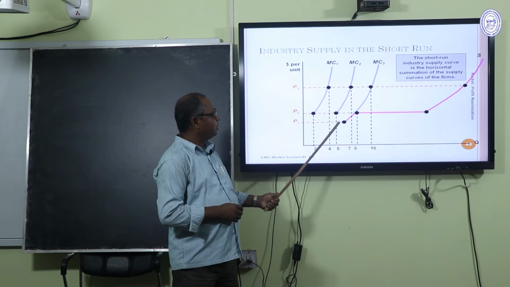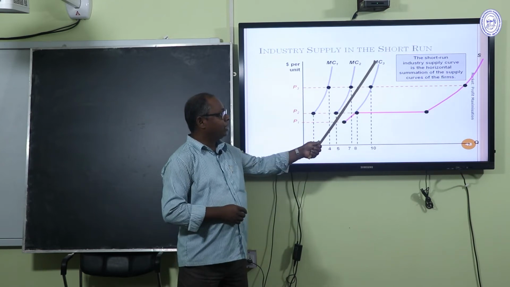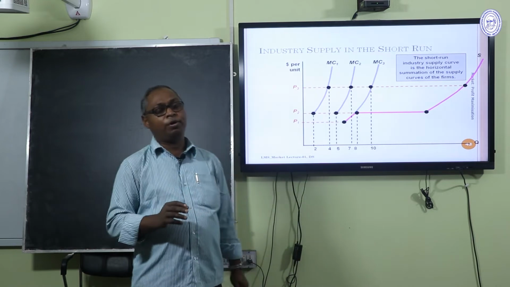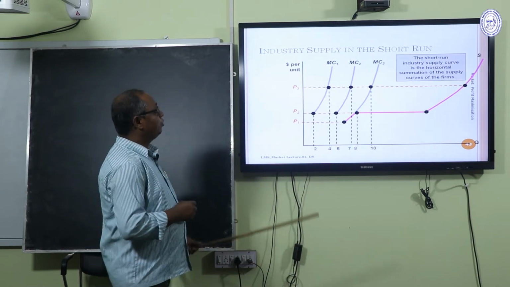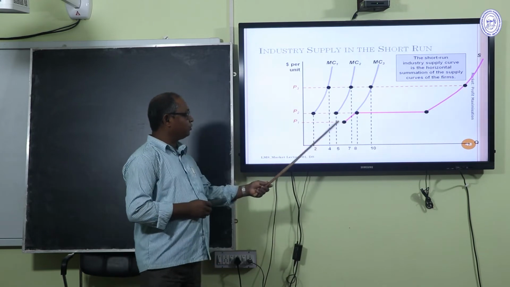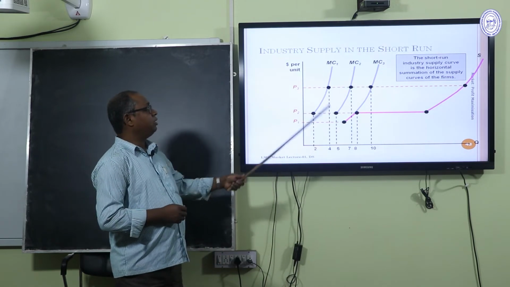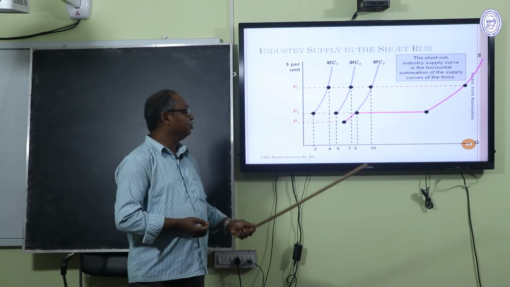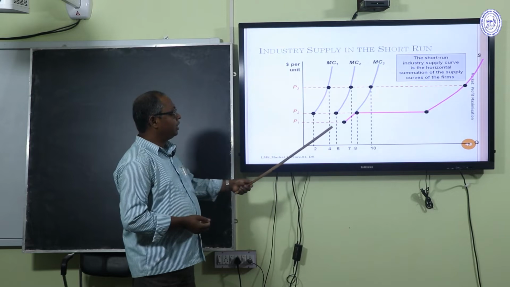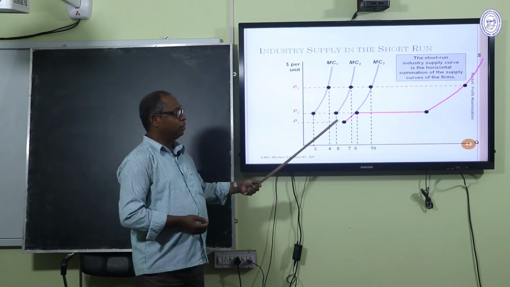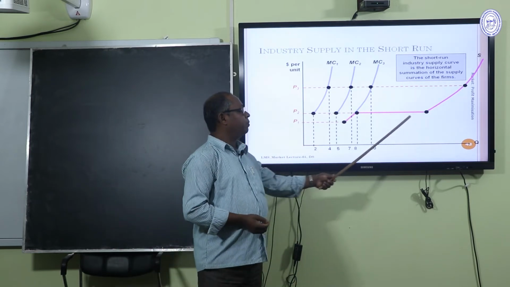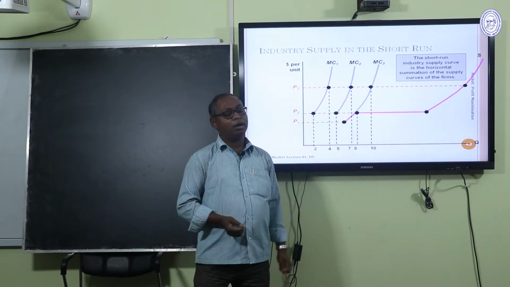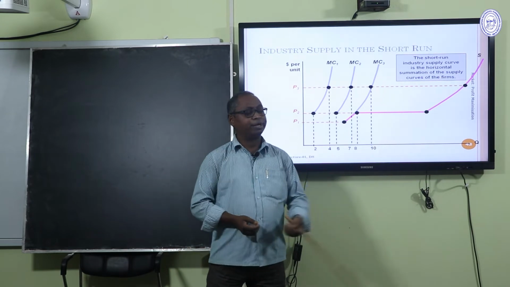Here this part comes from MC3, the supply curve of firm 3, whose minimum point starts from P1, and MC1 and MC2, the supply curves of firm 1 and firm 2, start from P2. So here there is a breakpoint, and after that we add all three up horizontally and we get the market supply curve.